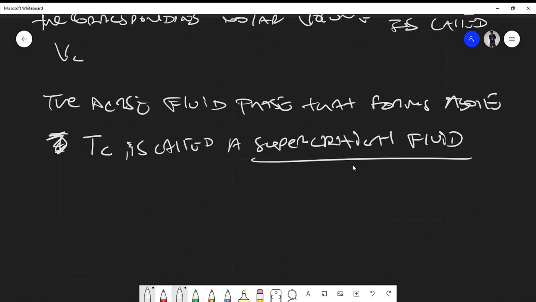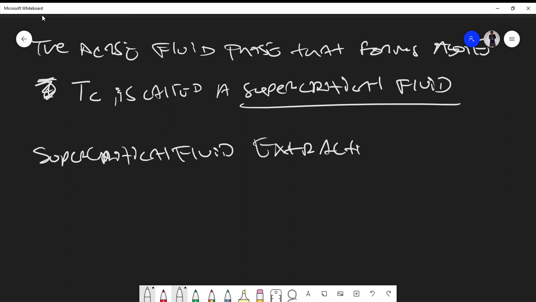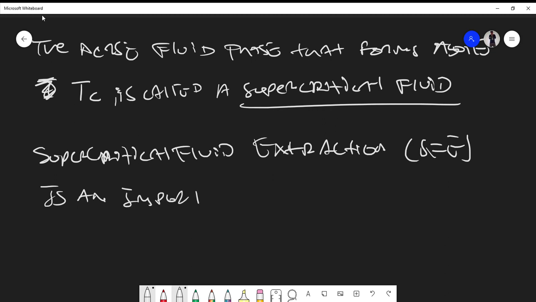Right? Now, last thing before we end the lecture is that supercritical fluid extraction, SFE, right, is actually an important industrial technique. So supercritical fluid extraction, SFE, is an important industrial technique.